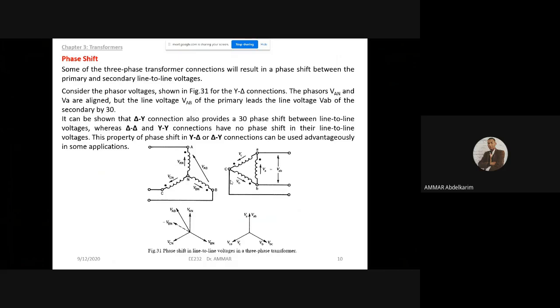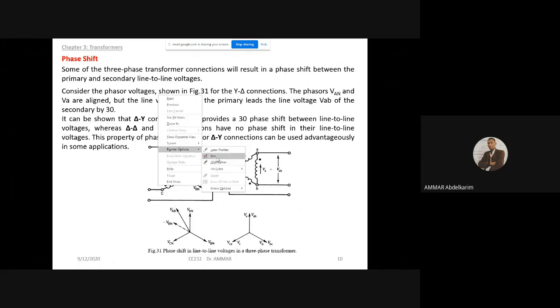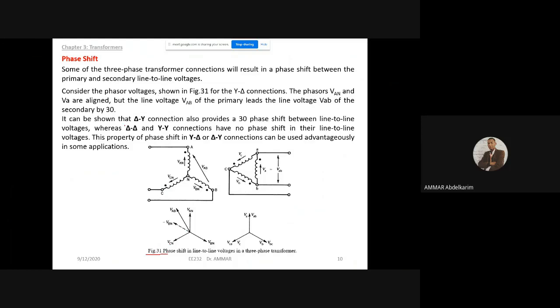In the case of the Y-delta connection, the secondary voltage will be shifted by 30 degrees from the primary voltage. Consider the phasor diagram you are seeing here in figure 31 of the delta-Y connection.